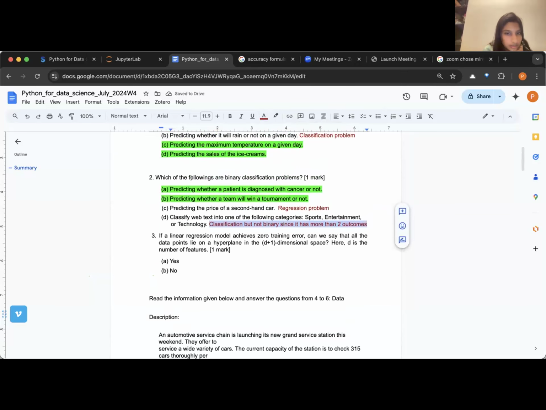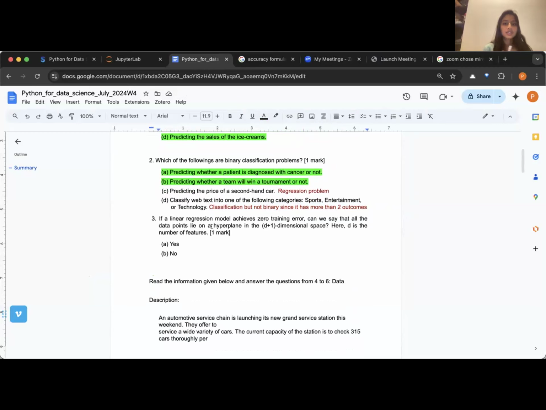Okay, so this one is: if a linear regression model achieves zero training error, like zero error means 100% accuracy, can we say that all data points lie on a hyperplane in the d plus 1 dimensional space?